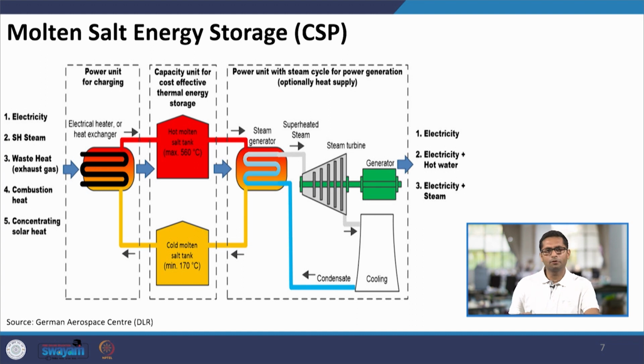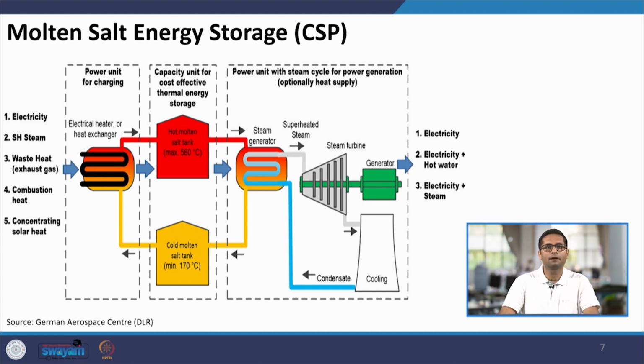Then another methodology for storage applications could be molten salt energy storage. This type of storage is slightly different in that it would not be taking in excess electricity which might be produced from solar or wind. What it would be doing is making use of concentrated solar.